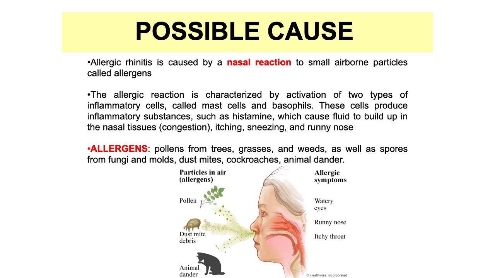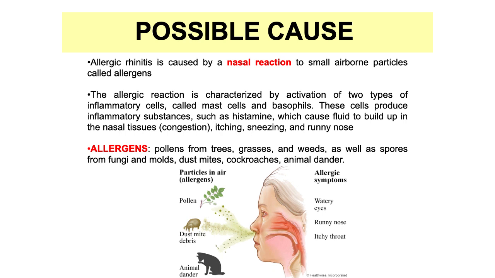Now, what causes allergic rhinitis then? It's usually caused by nasal reaction to small airborne particles called allergens. So the allergic reaction is characterized by activation of two types of inflammatory cells. So this one includes mast cells and basophils. These are both granular cells, class. And if you can still remember in your immunology, di ba class, the granular cells are the ones that produce cytokines, which are the ones that usually cause allergic reactions such as inflammation, mucus production, and so on and so forth.